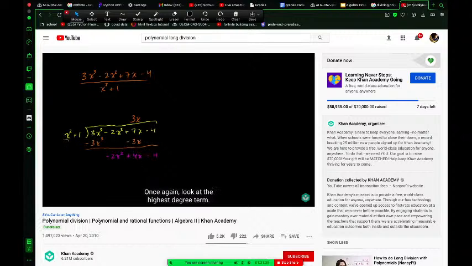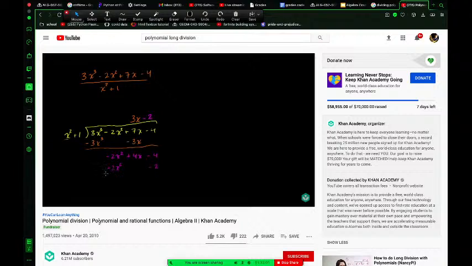Once again, look at the highest degree term. X squared and a negative 2x squared. X squared goes into negative 2x squared negative 2 times. Put it in the parentheses place. Negative 2 times x squared is negative 2x squared. Negative 2 times 1 is negative 2.